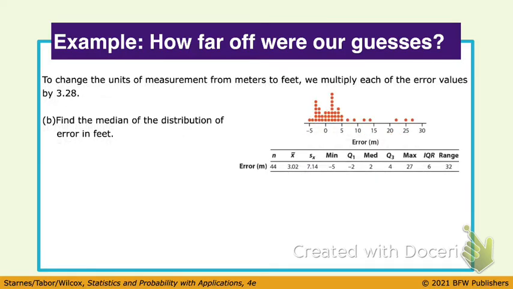All right, let's look at the median. The median of this distribution is 2 meters. So if I take 2 meters and multiply by 3.28, that's going to give me the number of feet.